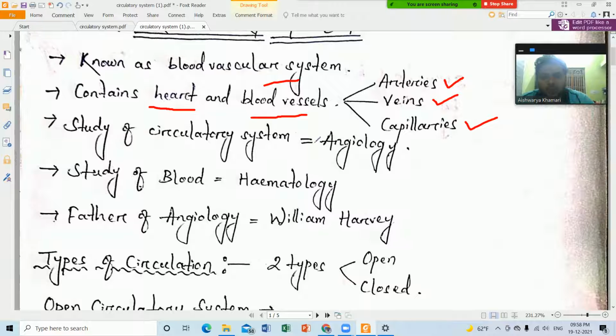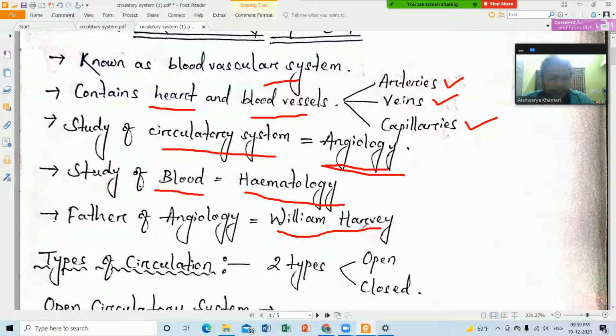One most important term is angiology. So what is angiology? The study of the circulatory system is known as angiology. Apart from your circulatory system, as blood is fluid in nature, the study of blood is hematology. The father of angiology is William Harvey.